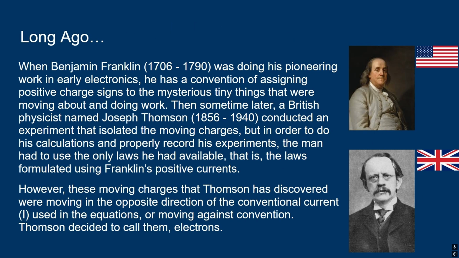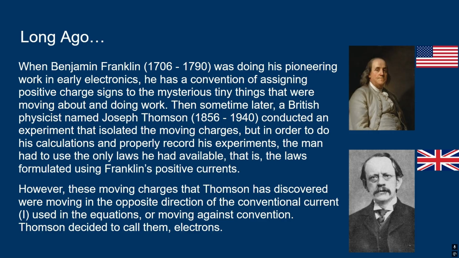Long ago, guys, when Benjamin Franklin was walking the earth, 1706 through 1790, and doing his pioneering work in early electronics, he had a convention of assigning positive charge signs to the mysterious tiny things that were moving about and doing work. At the time, it was unknown what they were.